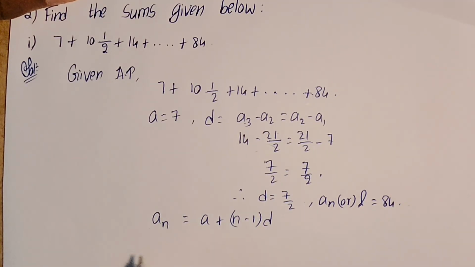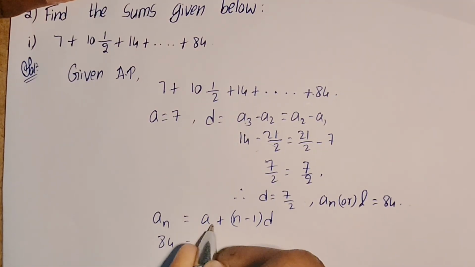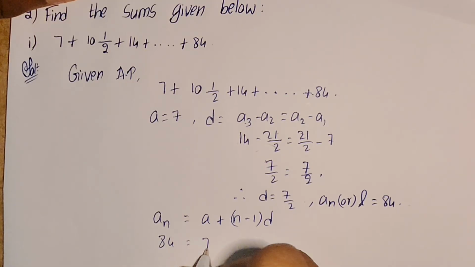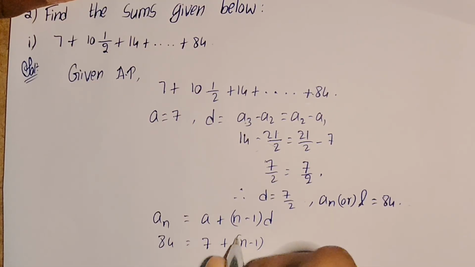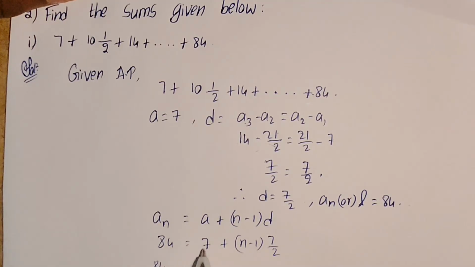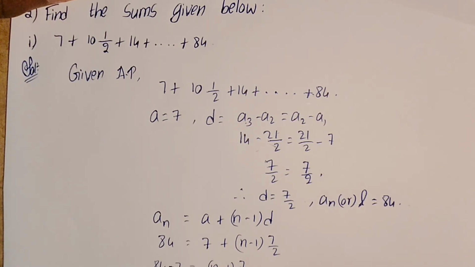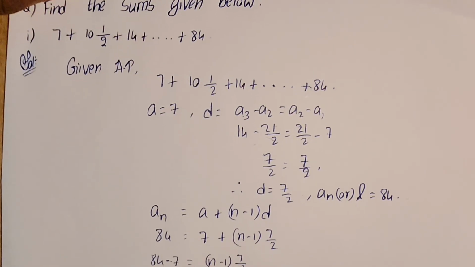So a base n is 84, is equal to a is 7, plus n is, we don't know, so (n minus 1) into 7 by 2. So 84, I am going to transpose the plus 7 to the left side, then it becomes minus 7, is equal to (n minus 1) into 7 by 2.